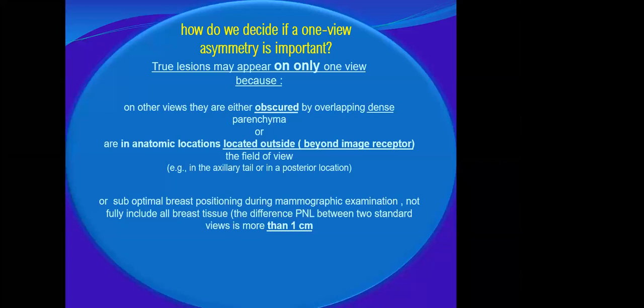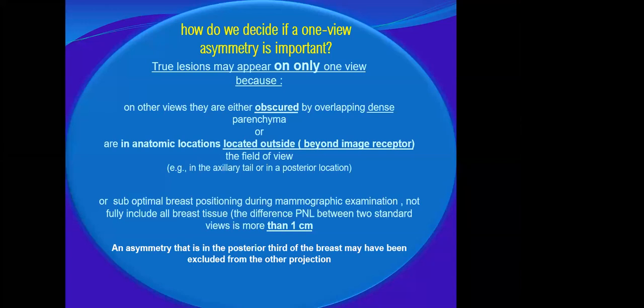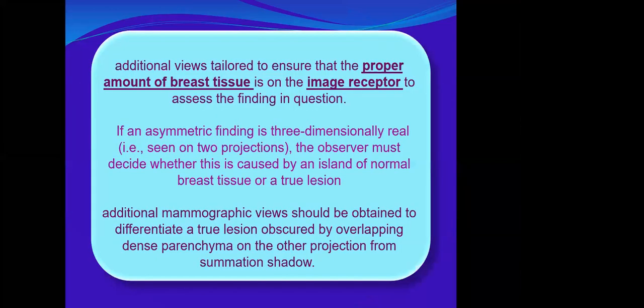You might find far more than 1 centimeter difference between the two standard views. Okay, an asymmetry that is in the posterior third of the breast may have been excluded from the other projections, as we described before. So additional views are tailored to ensure that the proper amount of breast tissue is on the image receptor to assess the finding in question.